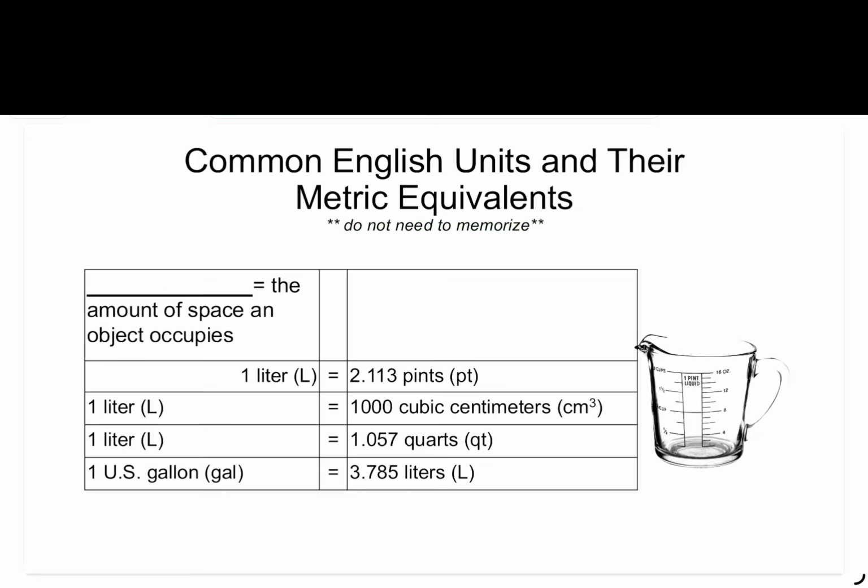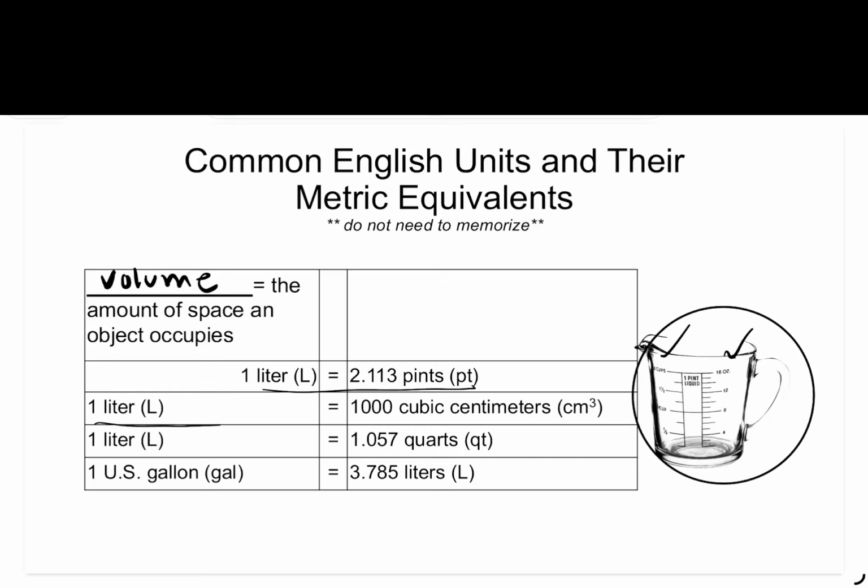Another common English unit and their metric equivalents is for volume. So I have here something that looks similar to what I have at home, a measuring cup. Notice that it's in cups and it's in ounces. If I am using a recipe that is from outside of the US, my units will be in things like milliliters and liters. 1 liter is approximately 2 pints, 2.113 pints.